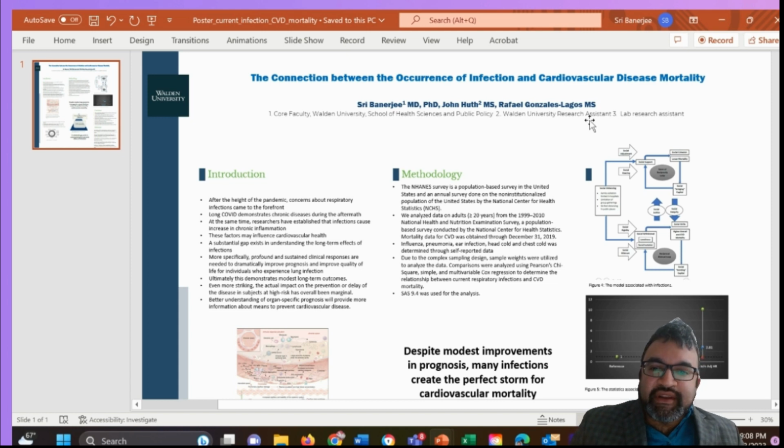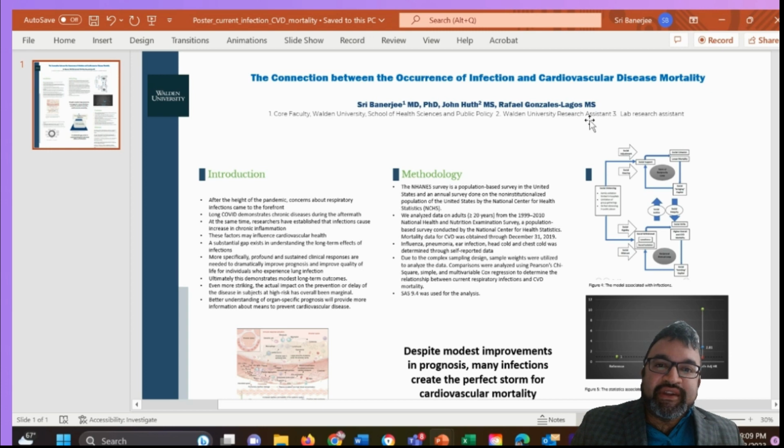Current infections, especially at the height of the pandemic, these concerns came to the forefront. For the most part, in the 20th century, many of the infectious diseases, especially bacterial, were treated through antibiotics. However, as time went on, viruses were not well treated, and so the pandemic led to many respiratory infections.